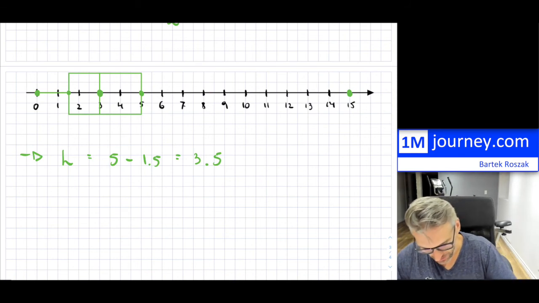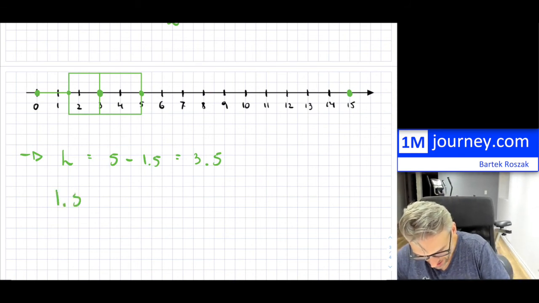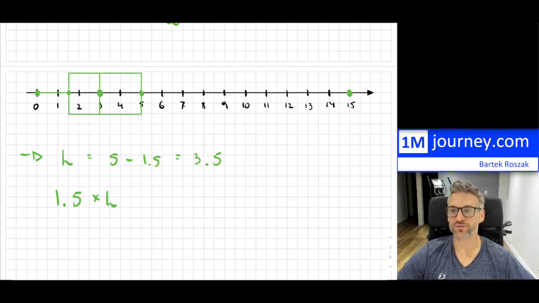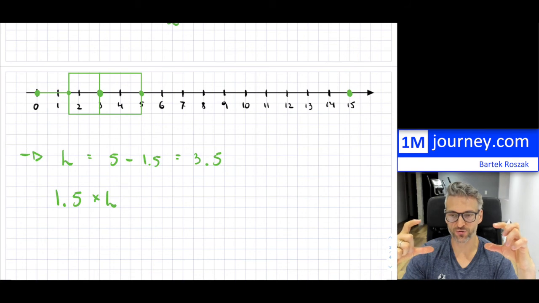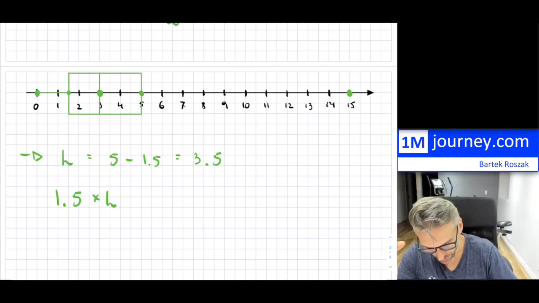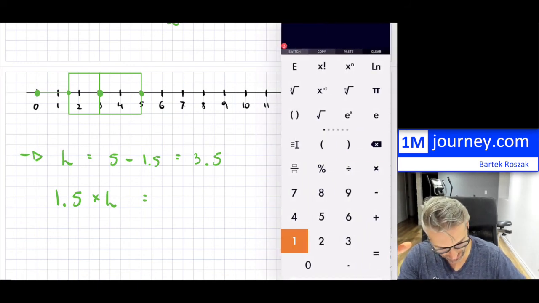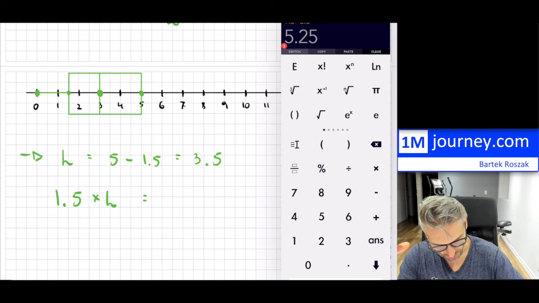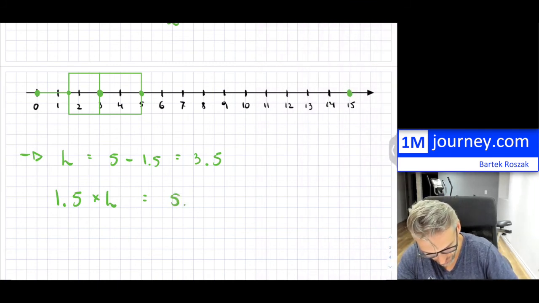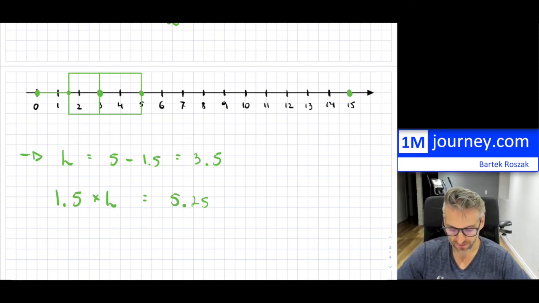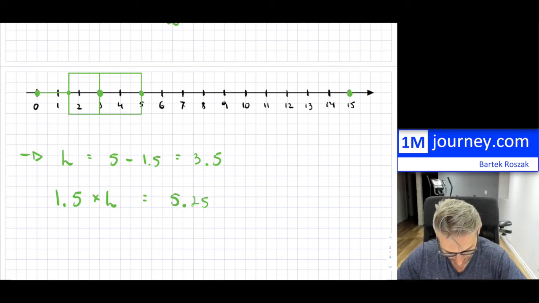Now, whatever lies outside 1.5 times that length, notice our box is 3.5. So if I take 1.5 times 3.5, that's around 5.25. So 5.25 from 5 would take us somewhere just a little bit further than 10.